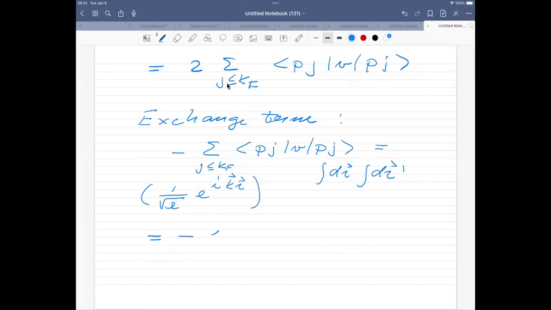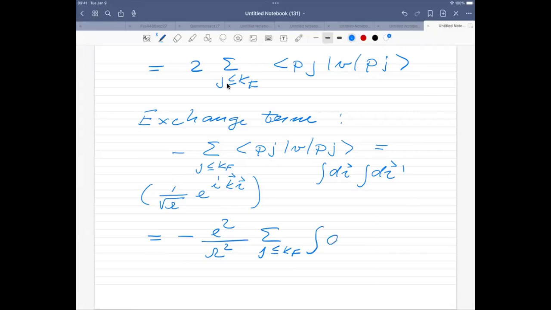I'm going to get a minus e, and then since I have 4 single particle states, I have 1 here, 1 here, 1 here, and 1 here. I'm going to get this volume term squared. And then I have a sum over J less than KF.